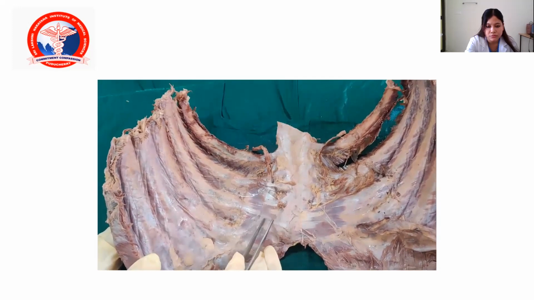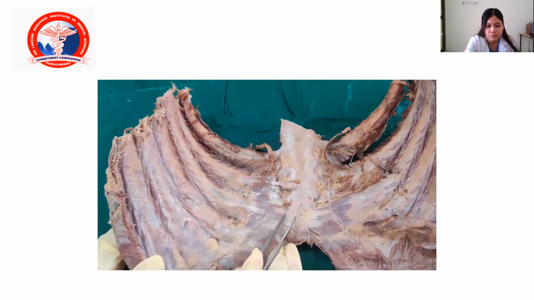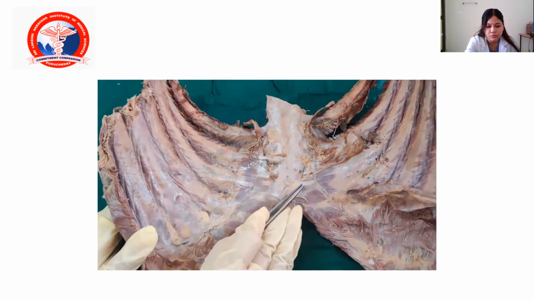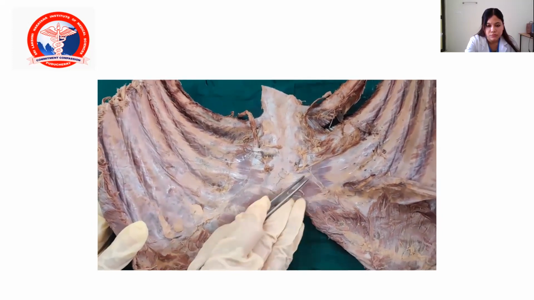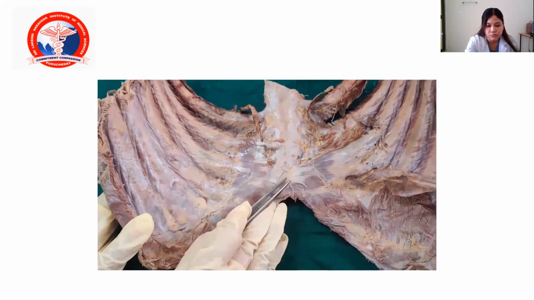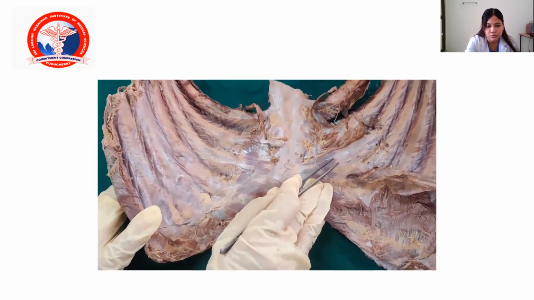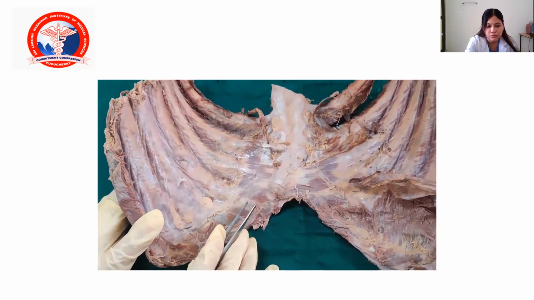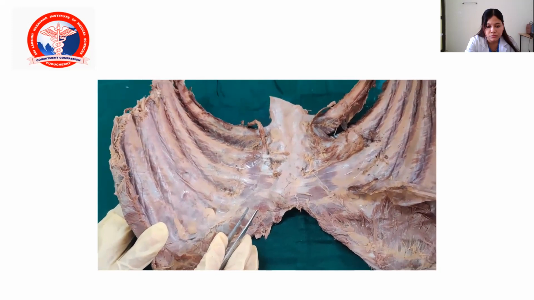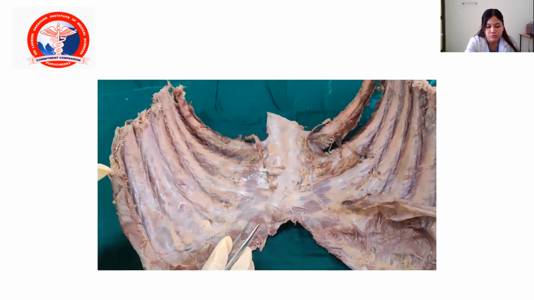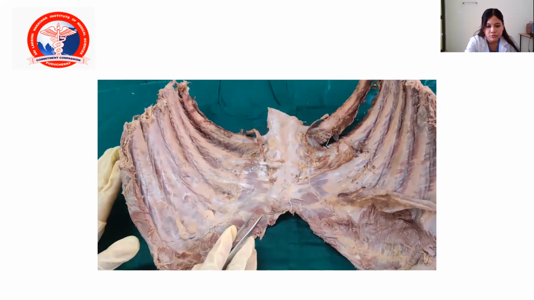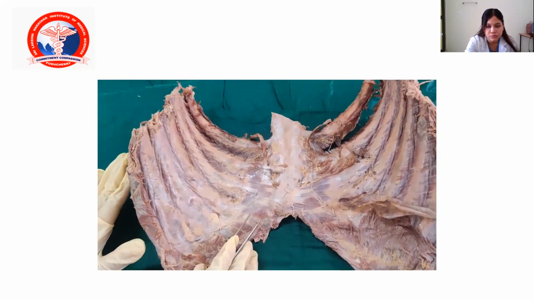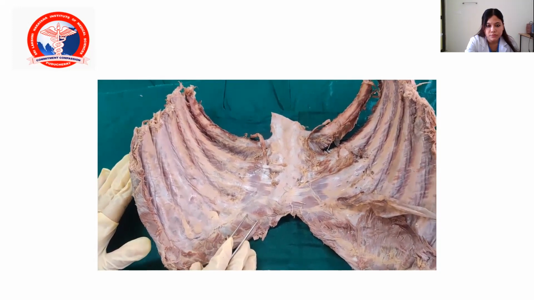Now, what is the direction of this muscle fiber? The direction of this muscle fiber is actually upward. As you can see, the direction is upward and lateral. Okay, upward, forward, and lateral. Rest of the other muscles, what I have told you, are directed downward, forward, medially in case of externus muscle, laterally in case of internus muscle, and also the intimus muscle.